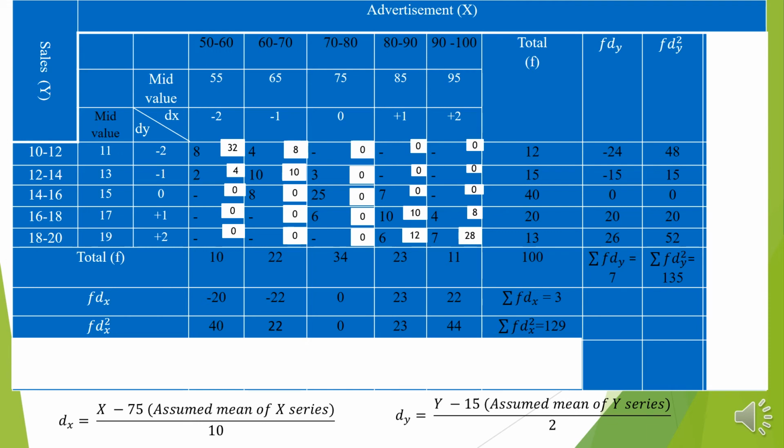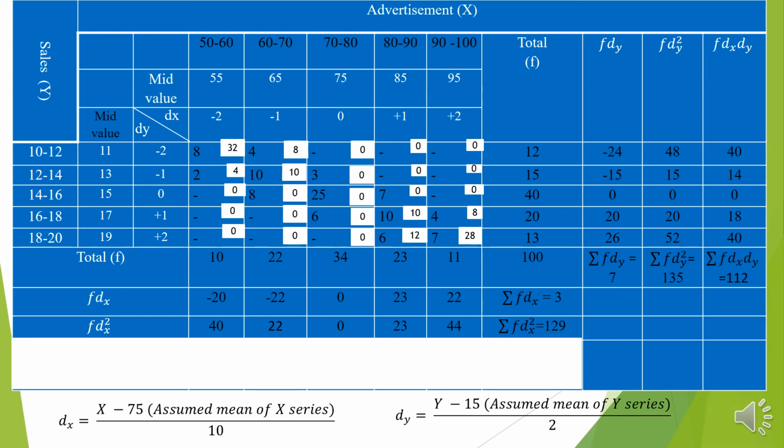Now let us find out the sum of them. So you have to add these totals, and similarly row-wise and column-wise you have to find the total. I'm doing it. See, row-wise I am doing it here. 32 plus 8 is equal to 40. Hope you got this value. Now 10 plus 4, 14.